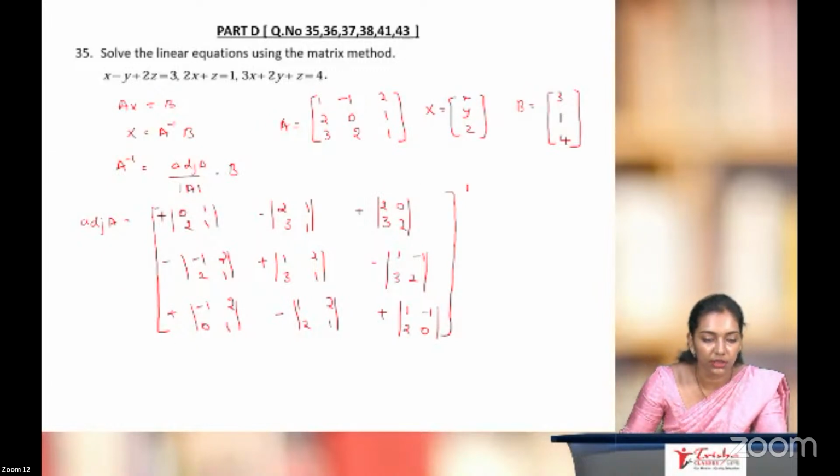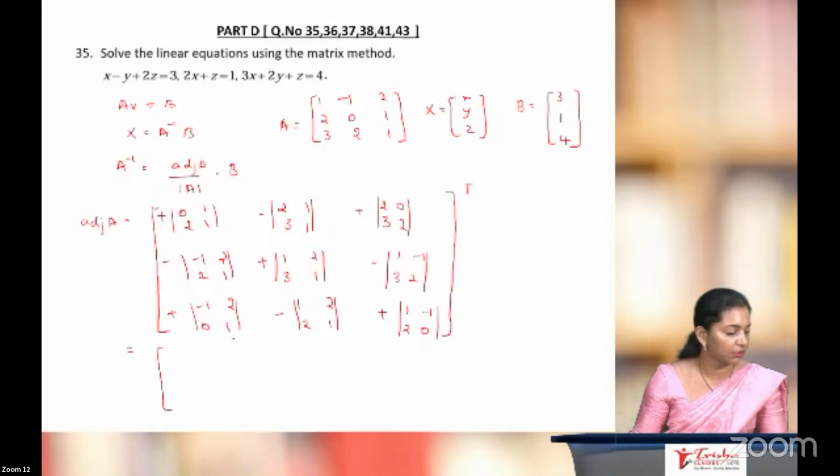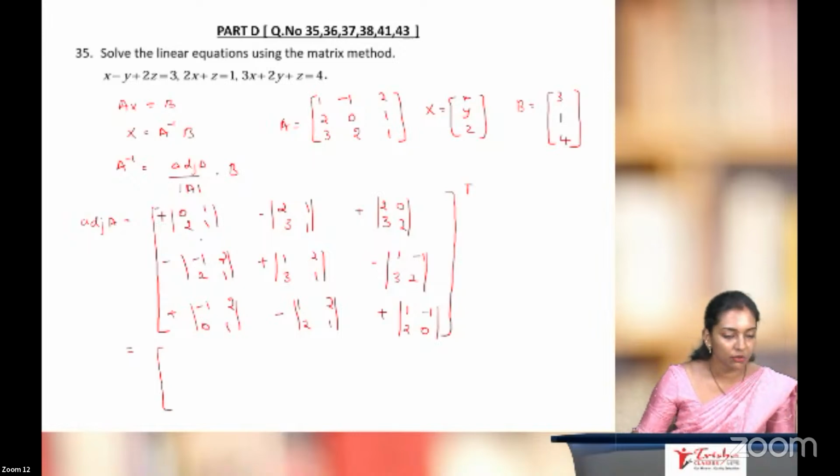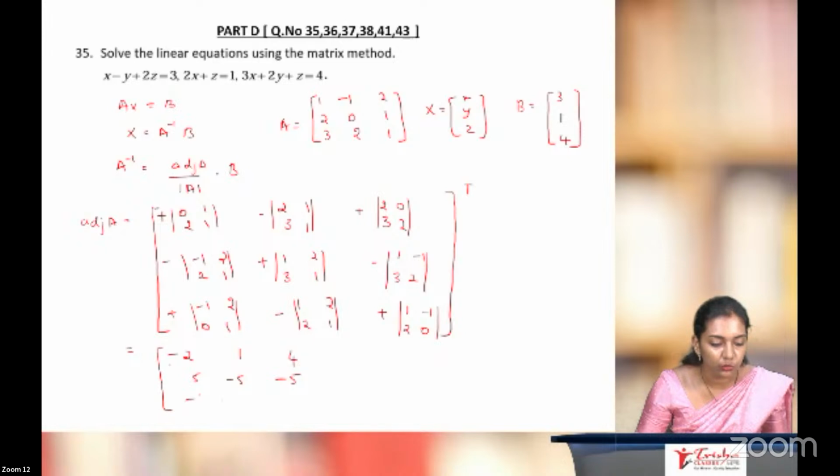Finally, you have to transpose that to get the adjoint of the matrix. I'll directly write the values after calculation, you just have to get the determinants, like 0 into 1 minus 2 into 1. You get the values: minus 2, 1, 4, 5, minus 5, minus 5, minus 1, 3, 2.